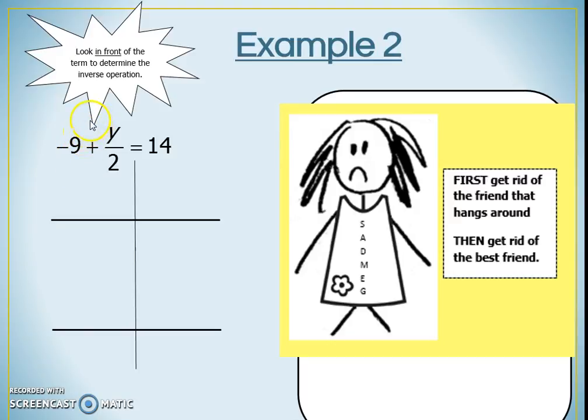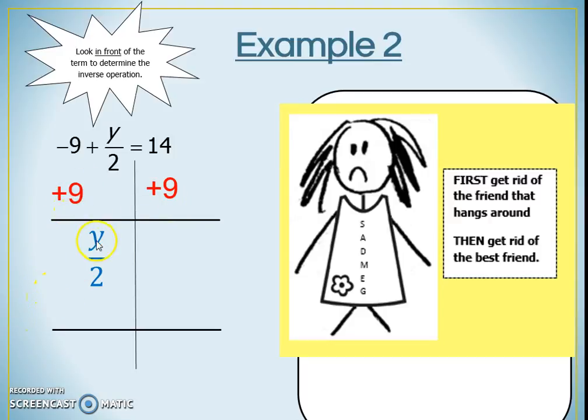So it is very important that we look in front of this constant, and we see that there is a negative sign. So if we add 9 to this side, we'll get that negative 9 plus 9 equals 0, rather than a larger negative number. So whatever we do to this side, we added 9 over here, we'll add 9 to our right side.